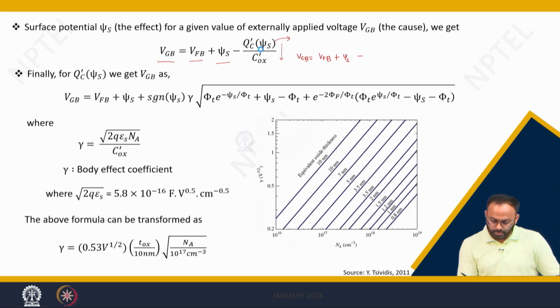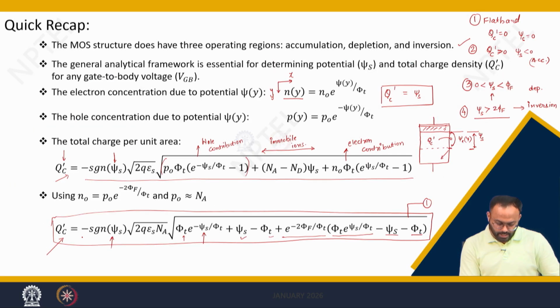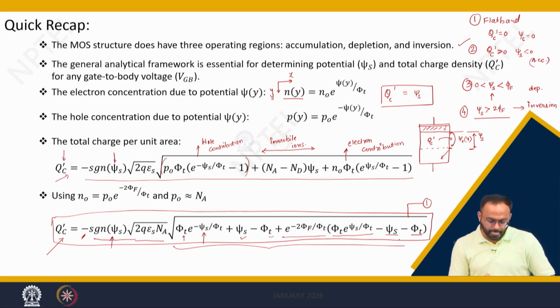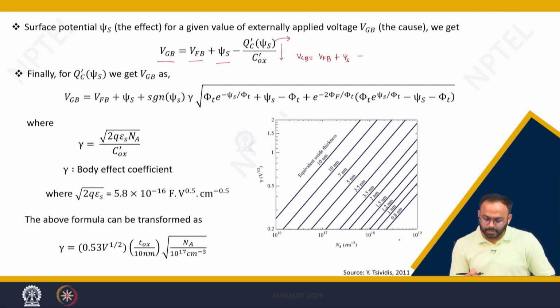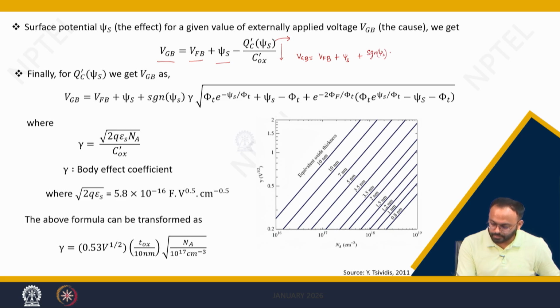In equation number 1, this is the negative of signum psi s into this complete big quantity. So I can rewrite it as negative and negative positive, signum of psi s into square root of 2 into q into Na into epsilon s into square root of phi t into e to the power of minus psi s by phi t minus 1, minus phi t plus psi s.